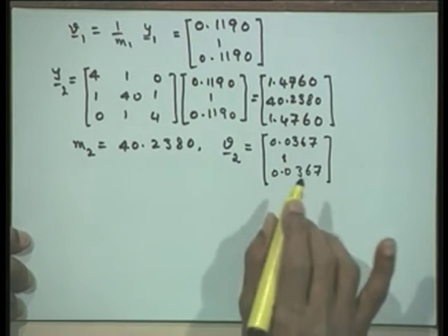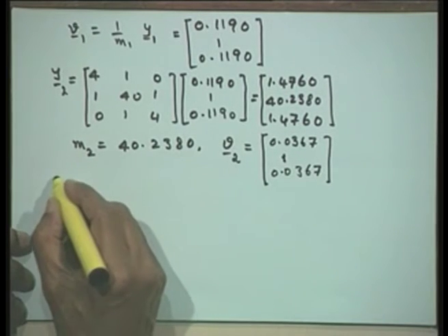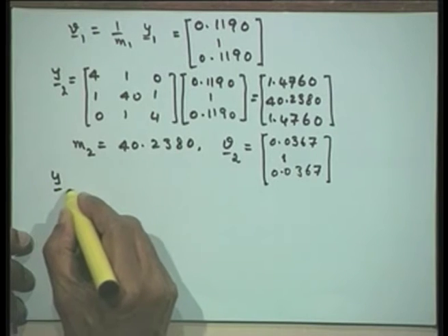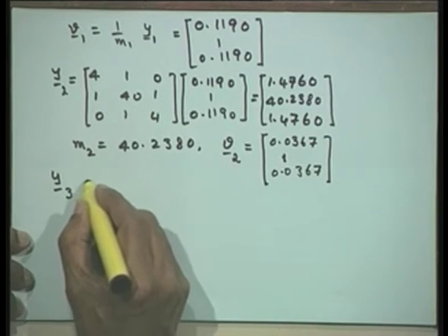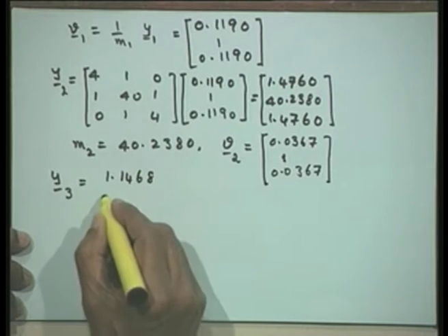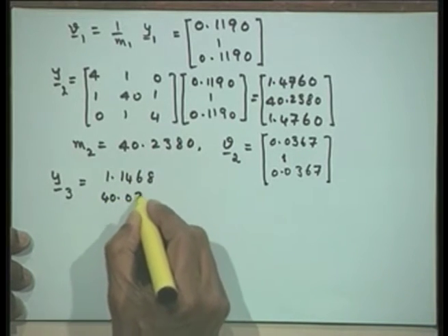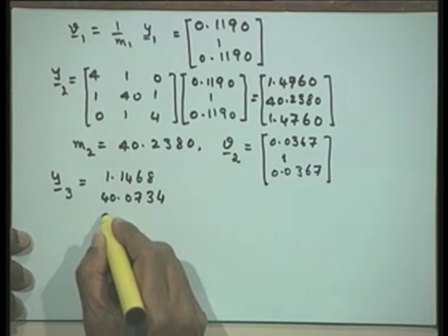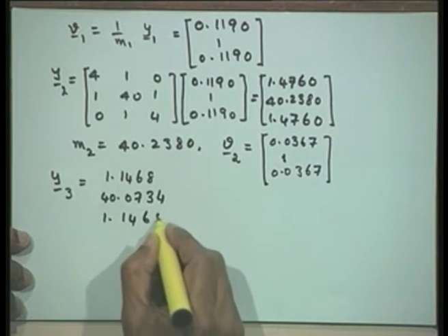Now, at this stage the second iteration is complete. So, we go to the third iteration. Let me give the values of the iterates. This is 1.1468, 40.0734, 1.1468.